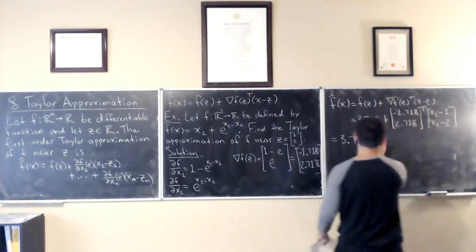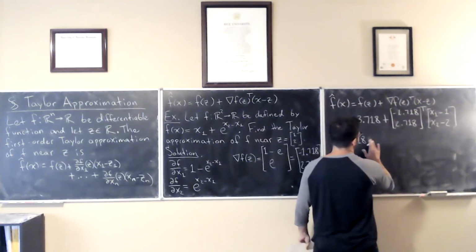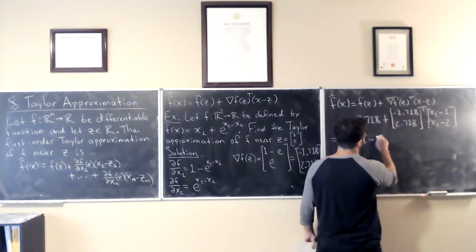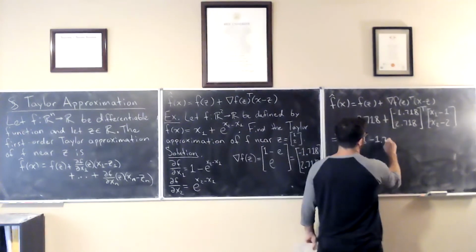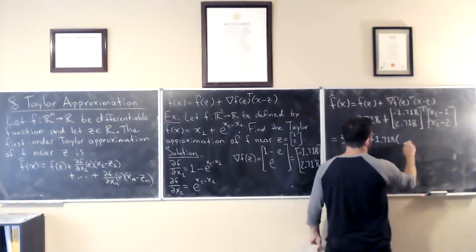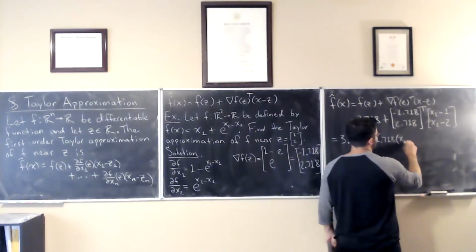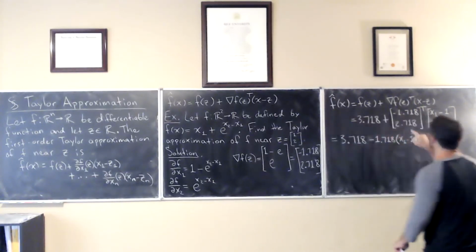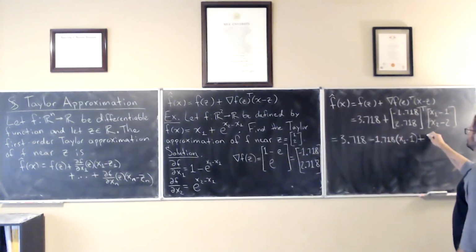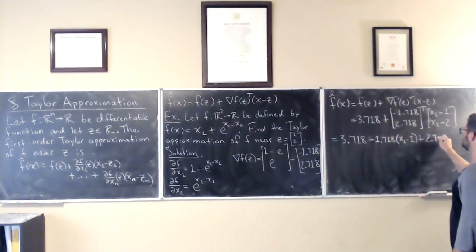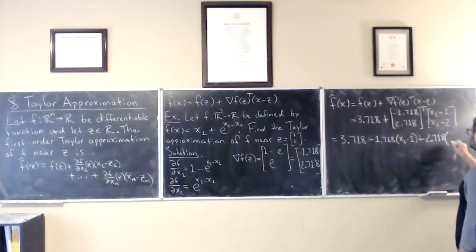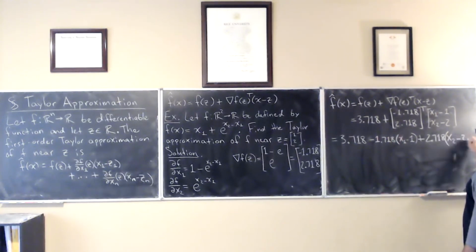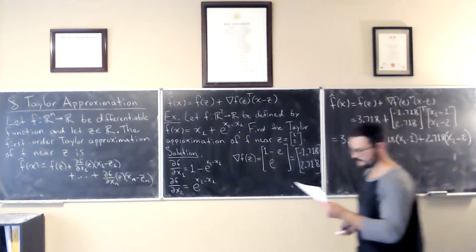So negative 1.718 times x1 minus 1, and then plus that times that, 2.718 times x2 minus 2. There's your function.